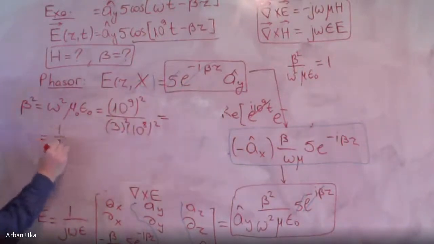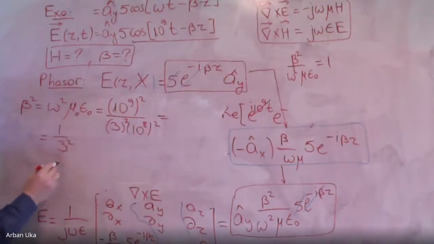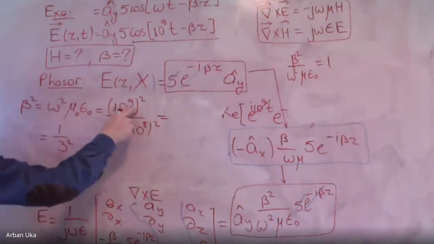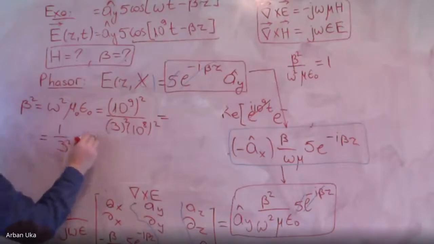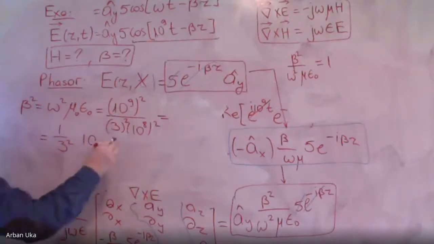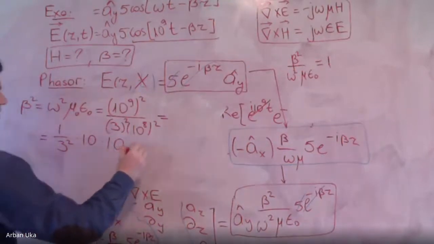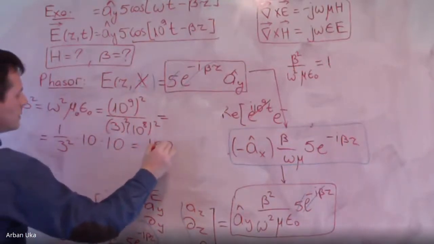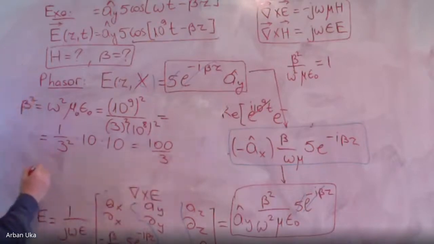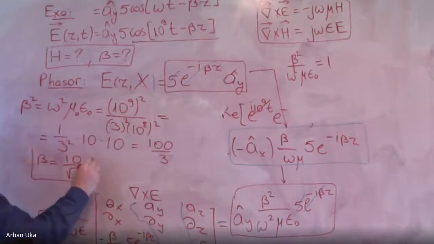So, but let's first of all, let's write this one. 1 over 3 squared times 10 to the power 9 over 10 to the power 8, we get 1/10. We get another 10. So this is equal to 100 divided by 3. So apparently, beta is equal to 10 over square root of 3. Okay?